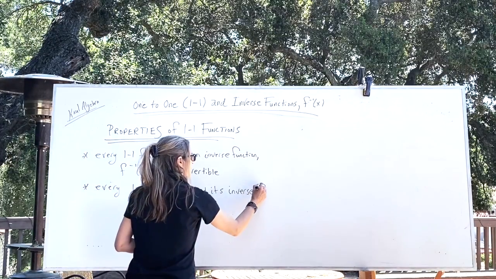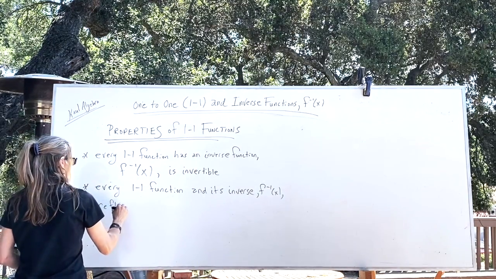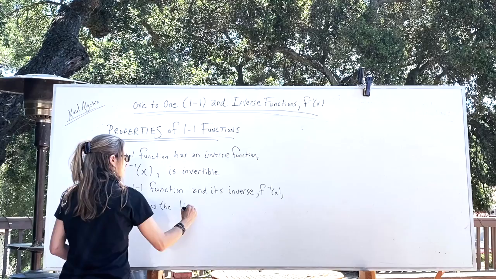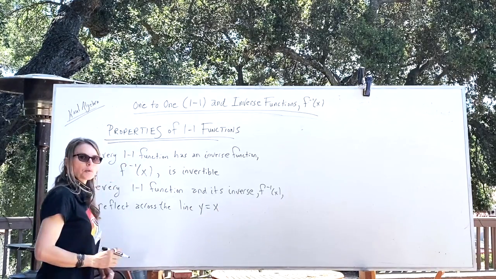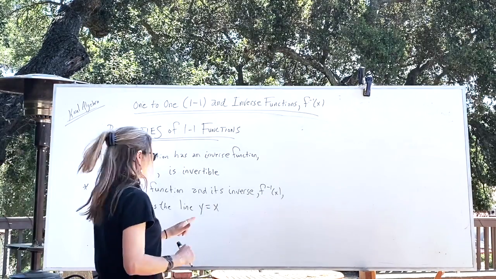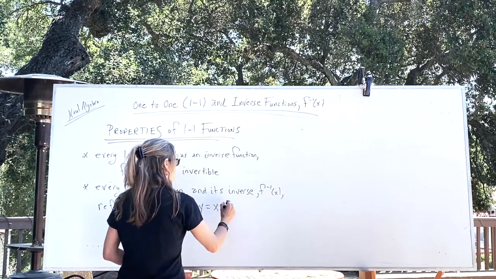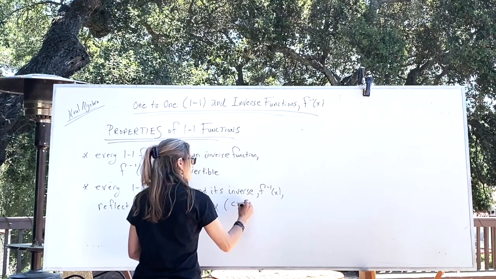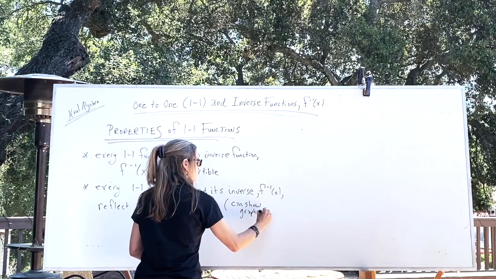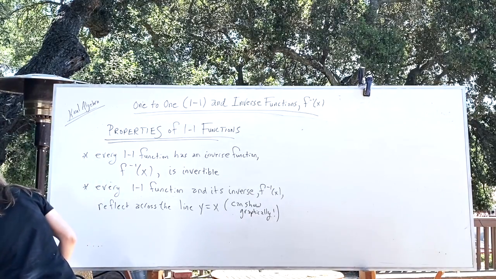Its inverse, f inverse of x, reflects across the line y equals x. So when you graph a one-to-one function and you graph its inverse, you'll see that there's a symmetric property of reflection along the y equals x line. So you can see graphically how this works. Okay, very nice feature.